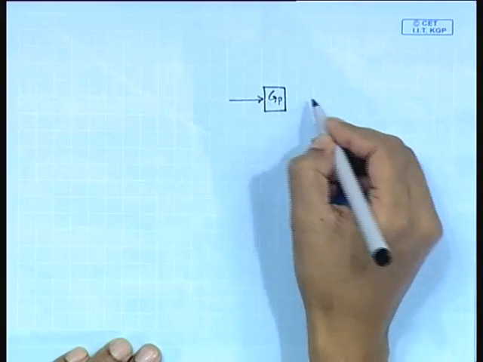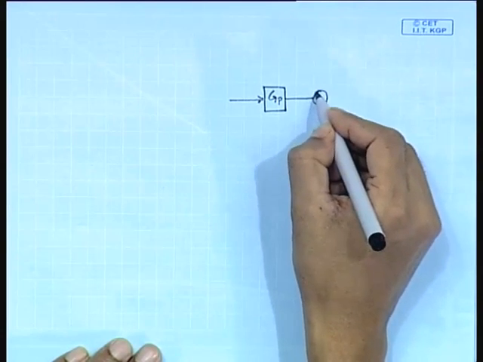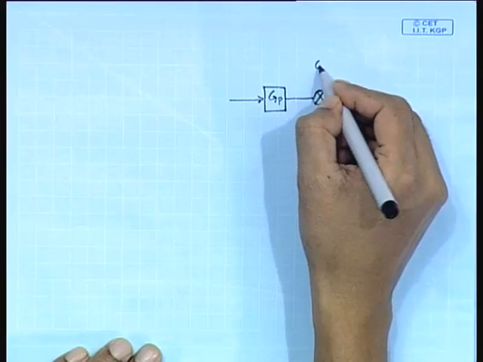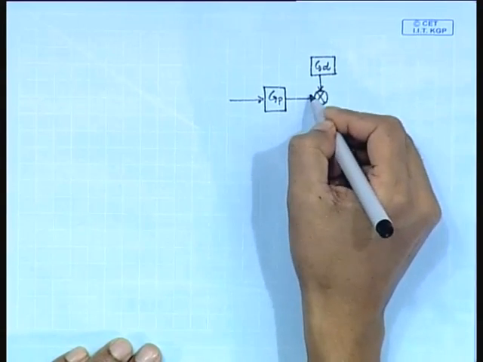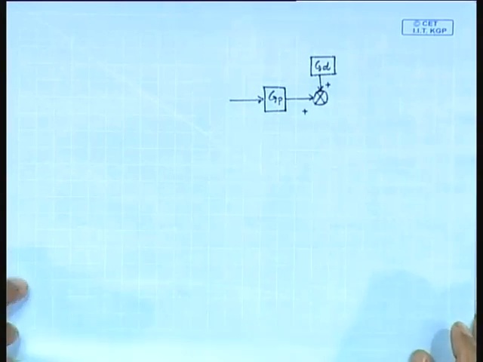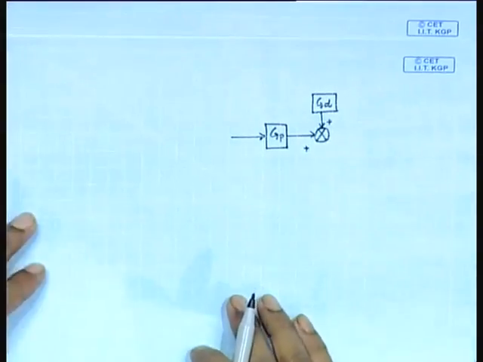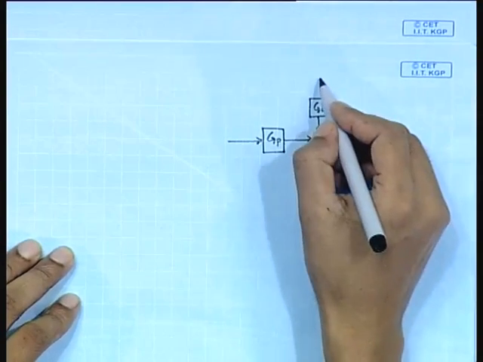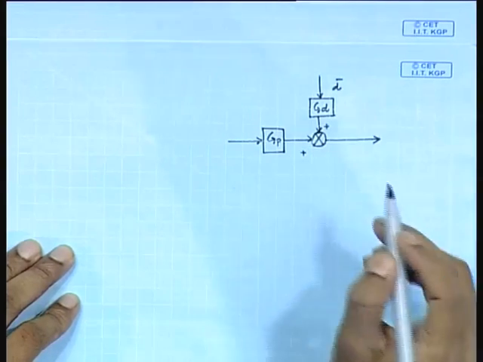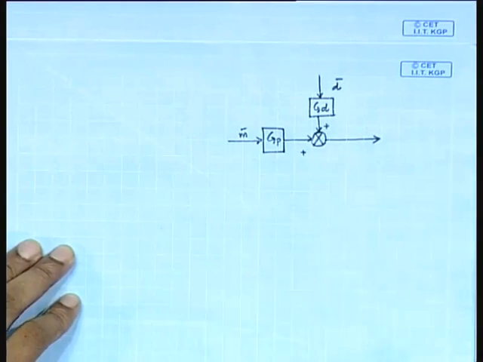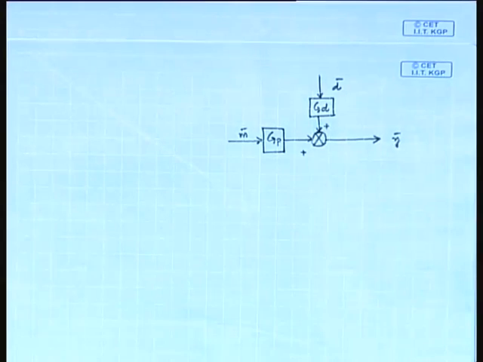The open loop process includes two transfer functions, one is GP, another one is GD. So, this is the open loop transfer function. Fine. Next we wish to include the feed forward control scheme with this open loop transfer function.